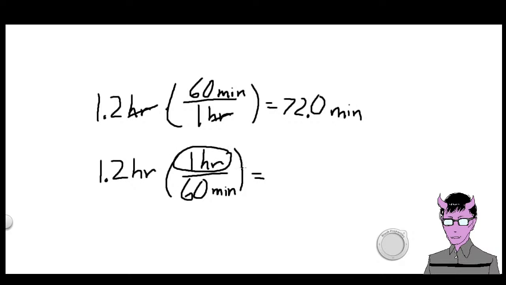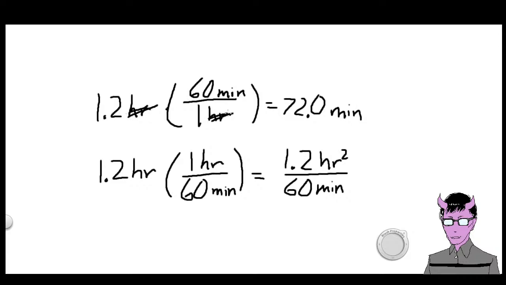The numerator is 1 hour, so when you multiply it, you get a very awkward 1.2 hours squared, and that is over 60 minutes. Now, technically, this is not wrong. It's just really bizarre, and there's no real reason you want to do this. You don't want hours squared. So again, when you are multiplying, make sure you orientate the conversion rate correctly so that you can cancel the units. Because you want nice clean units in the end, most of the time.